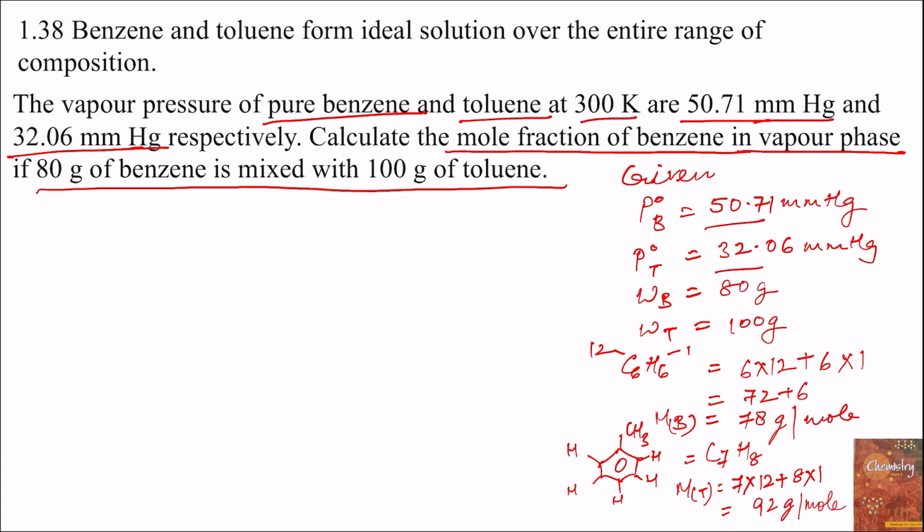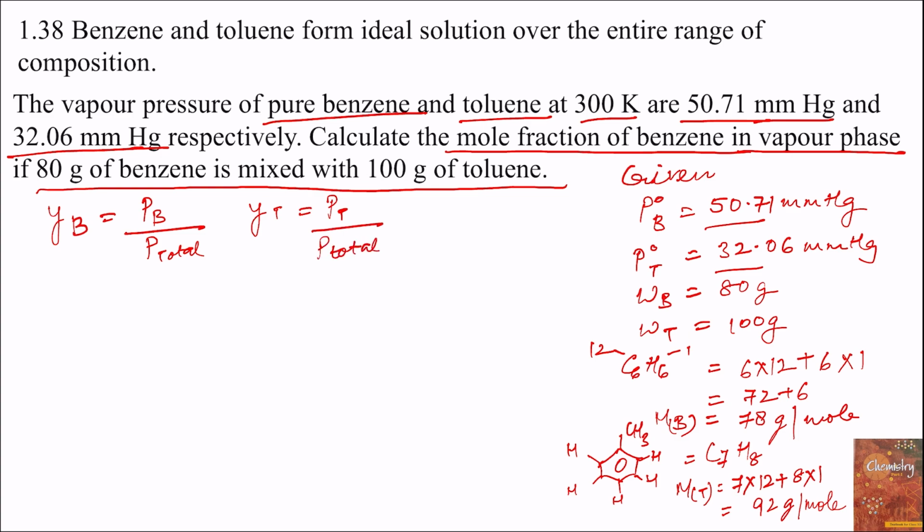Now let Y be the mole fraction in vapor phase. Yb, the mole fraction of benzene in vapor phase, is equal to partial pressure of benzene divided by total pressure of the solution, and Yt, the mole fraction of toluene in vapor phase, will be equal to partial pressure of toluene divided by total vapor pressure.